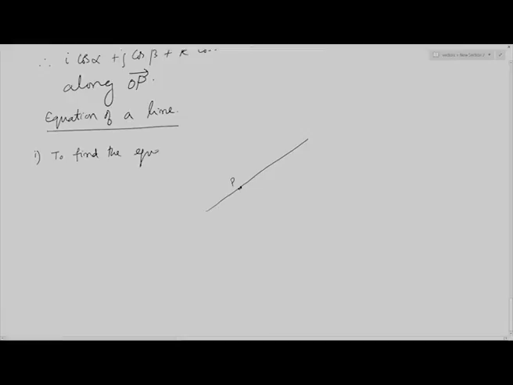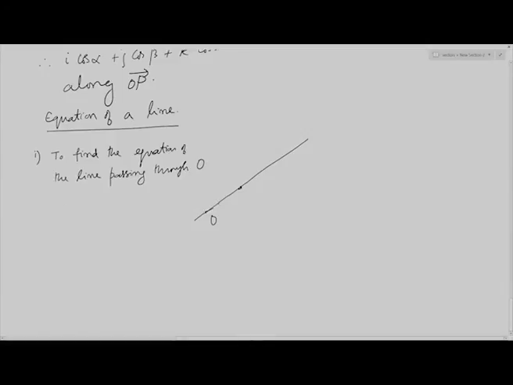So, the simple first case: to find the equation of the line passing through the origin O. Instead of P, now O is given, and the line is passing through O. Assume we know the direction, so let u be the unit vector in that direction.